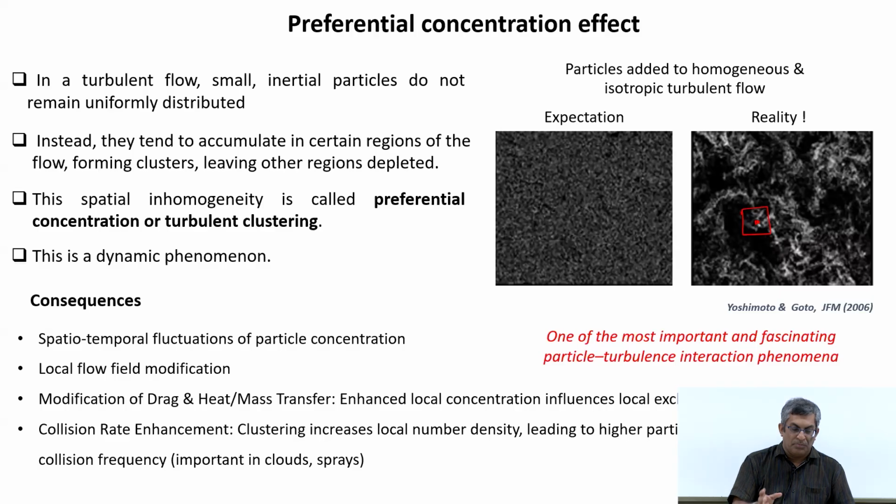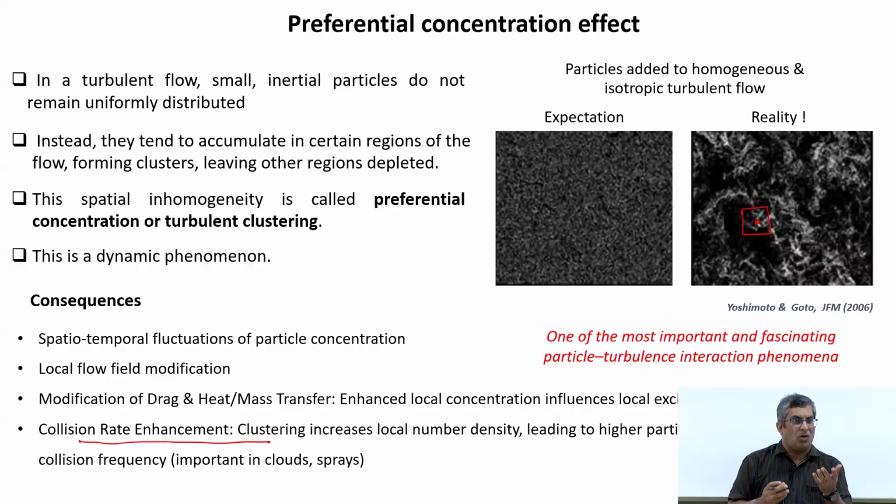Now, this may lead to enhancement of collision rate, but this is still an ongoing research. Yes, people have identified that preferential accumulation leads to an increase in particle collision, but what is the mechanism? Is it because locally the loading increases to a very high value or not?